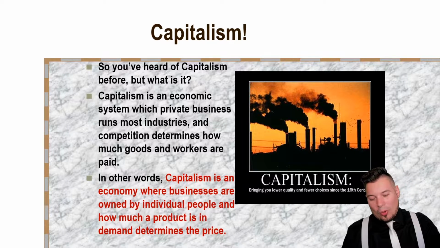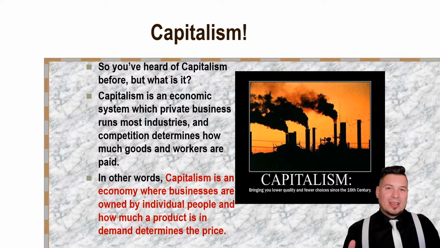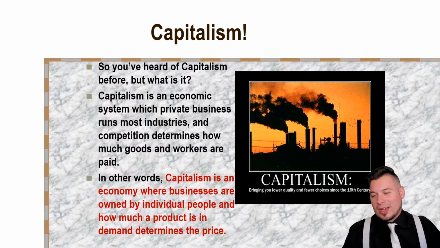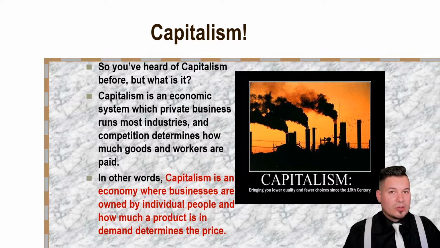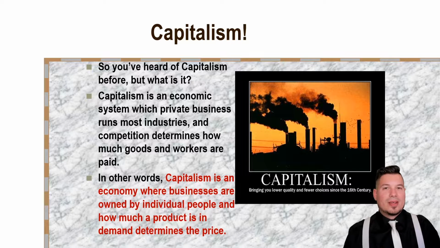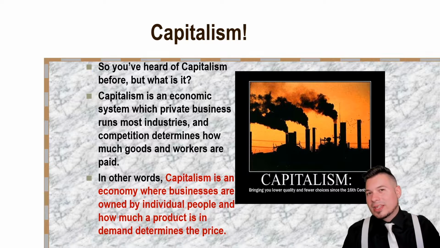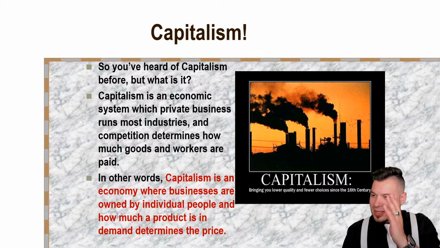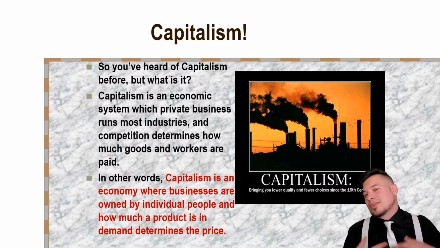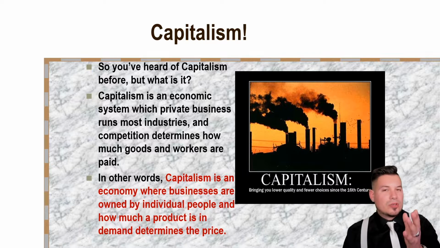Now, this whole second industrial revolution really shows what capitalism is. You've probably heard of capitalism, as this is what we have here in our country. Again, a version of it. There's never been a pure capitalist society. But what it really is, to give you the official definition, is an economic system in which private business runs most industries, and it's competition that determines how much goods cost and how much workers are paid.